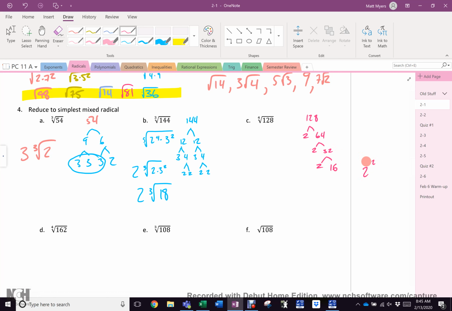Because 2 is the most powerful prime number, because it is often part of simplifying radicals. So I can stop there because I know the fourth root of 16 is 2. 2, fourth root, and what did I leave under there? These are all gone. So I left 2 cubed, which is 8. Everybody cool?